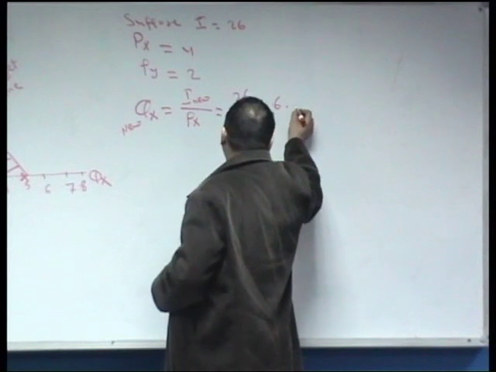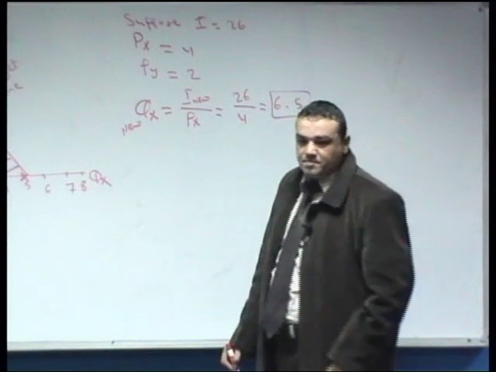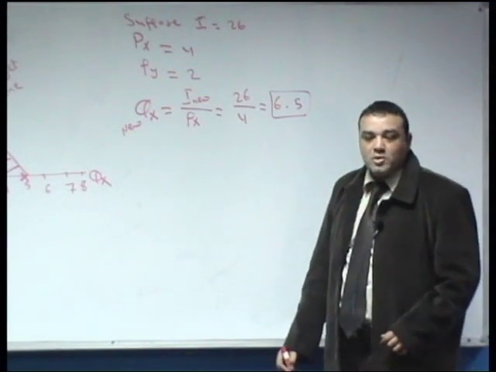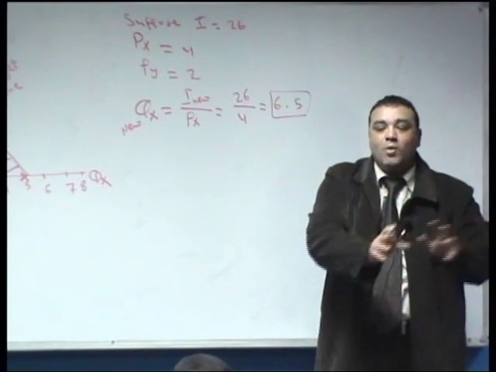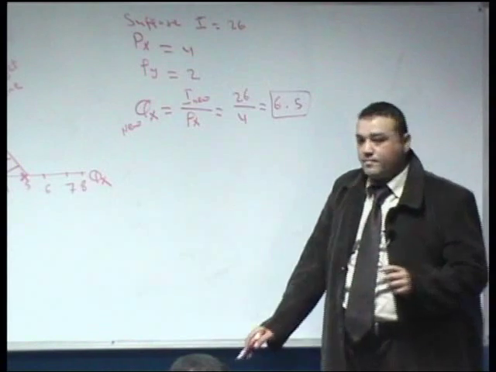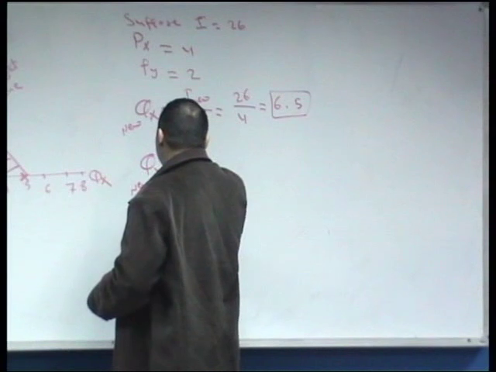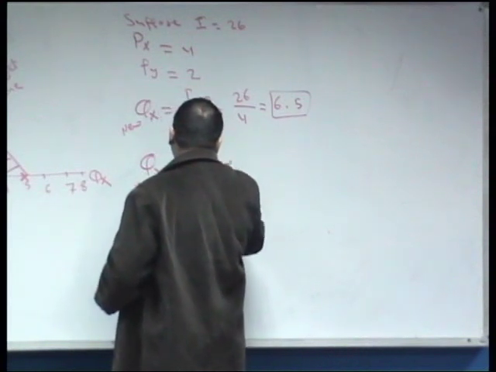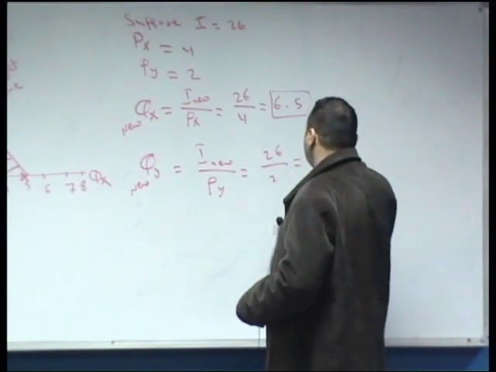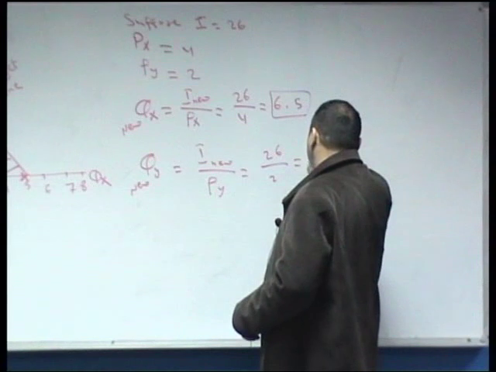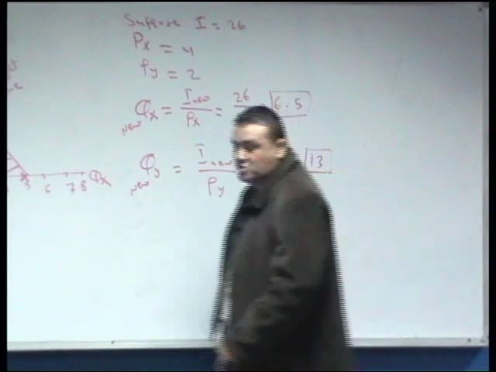This is the new quantity of X. What about the quantity of Y if the consumer decided to spend all of his income to buy only Y under the new income? 13. Let's calculate it. QY new equals I new over PY. 26 over 2 equals how much? 13. So we have a new budget line.